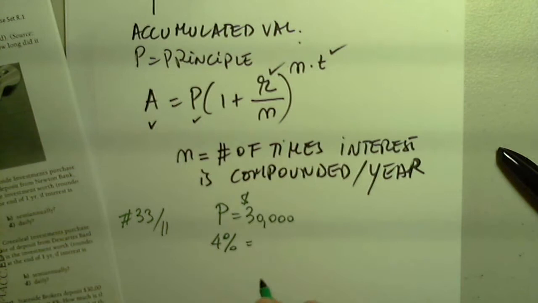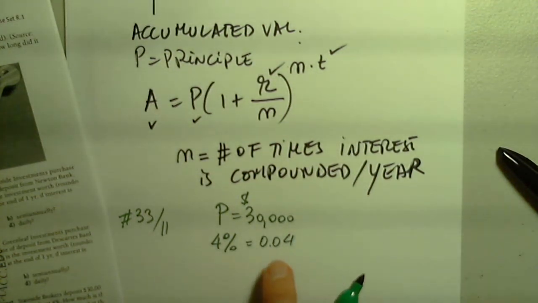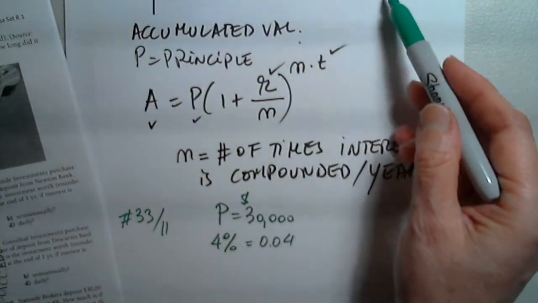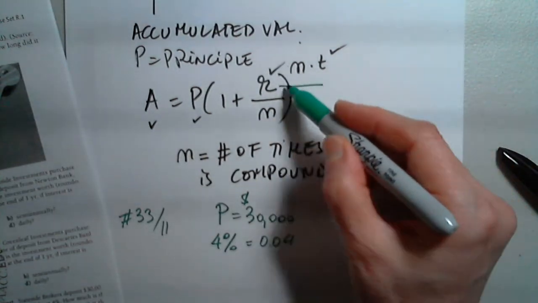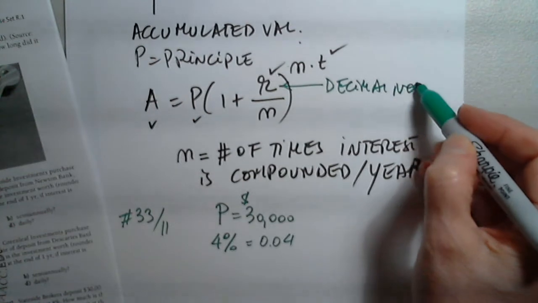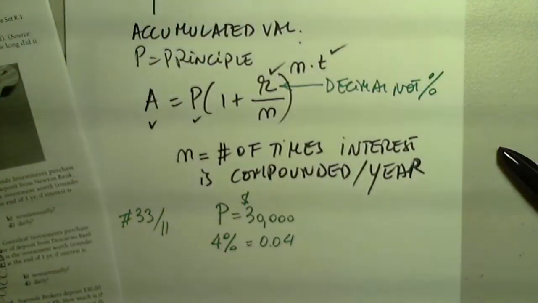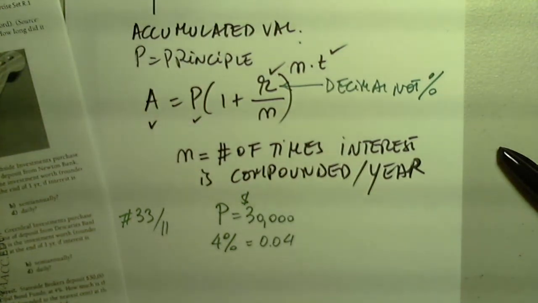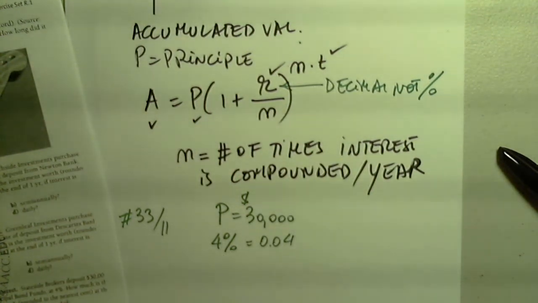We do not use 4%, we use 0.04. We have to change percent into decimal numbers. So R is the growth rate, but as a decimal number, not percent. How much is the investment worth? Rounded, of course, to the nearest cent. We're talking about money.